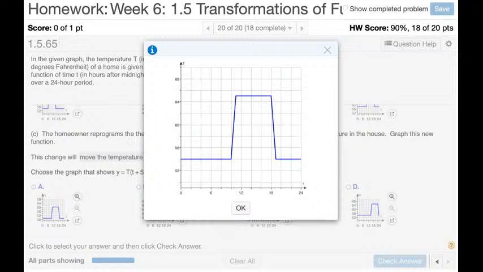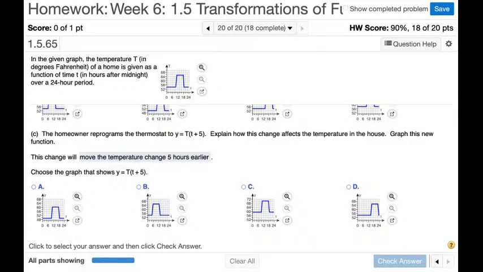So this is at 10. So then it should be to what, like 5. This little corner should be at 5. This is the only one that looked like it did that. It moved everything to the left.